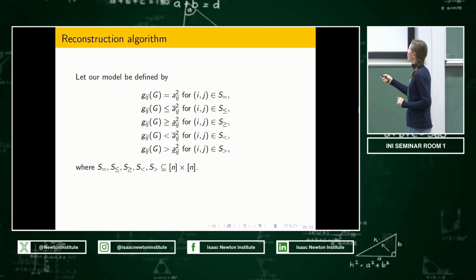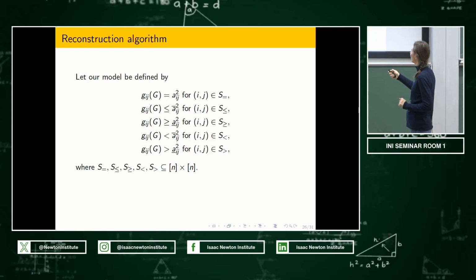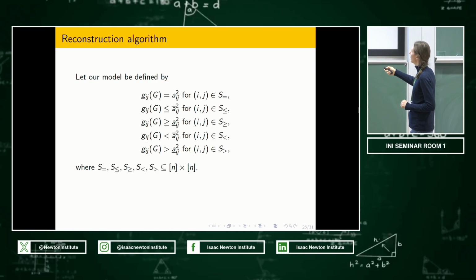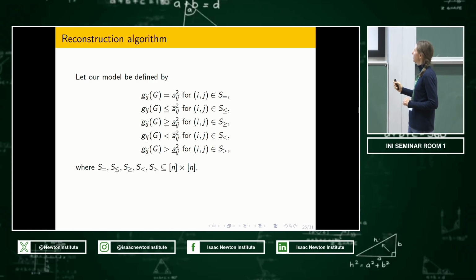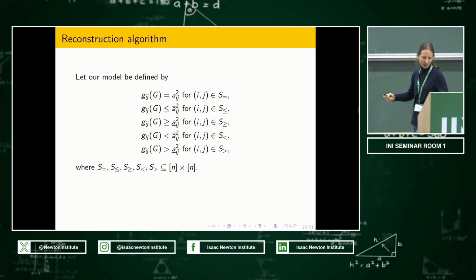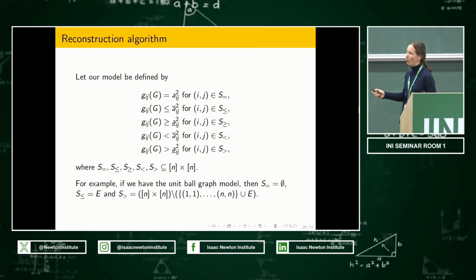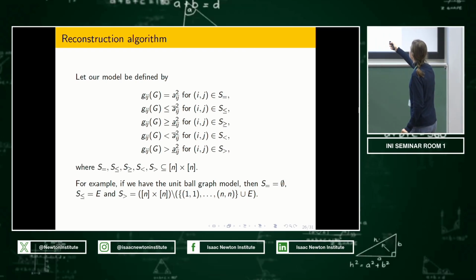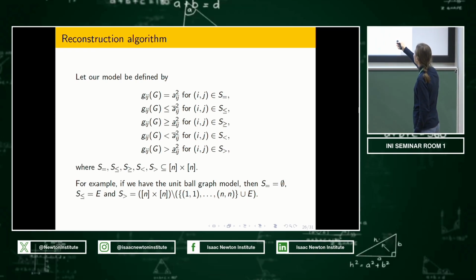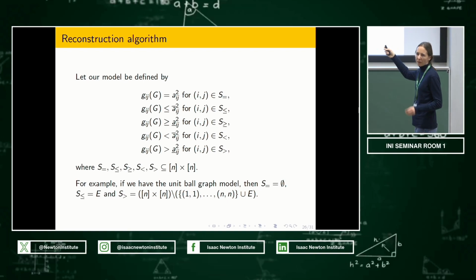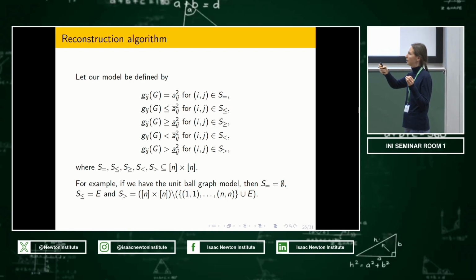Okay, and we use the following notation. This is just notation: we have some set S equality, which is all the equality constraints for distances, and similarly we have non-strict and strict inequality constraints for distances. So for example, in the unit ball graph model, this set would be empty because we don't have any equality constraints for distances.